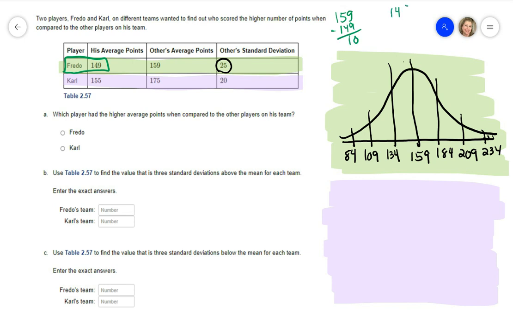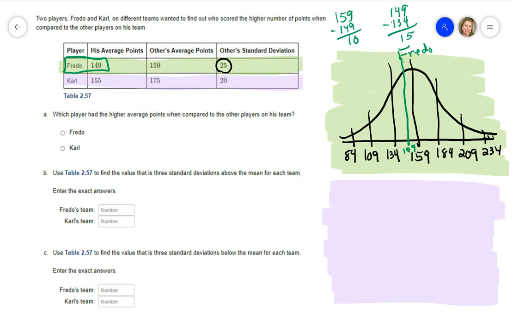And if I do 149 minus 134, that is 15. So halfway, he's closer. He's only 10 units from 159, but he's 15 units from 134. So I would put him right about here, 149. And that's where Frito is.